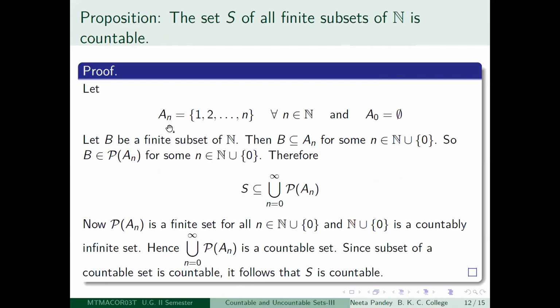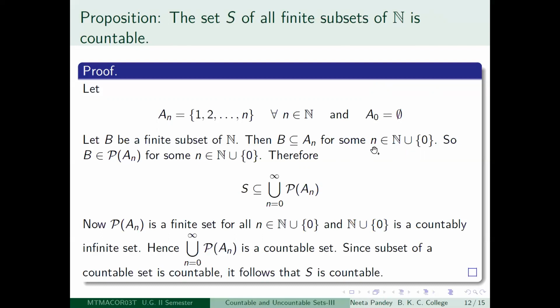If we just give some nomenclature, let us denote the set {1, 2, etc., n} by A_n for every n, and also denote the empty set by A_0. Then if you take a finite subset B of N, there is necessarily some element of B which will be the maximum element. Suppose that maximum element is equal to n, then all the elements of B will be a subset of A_n for some n in N union {0}.